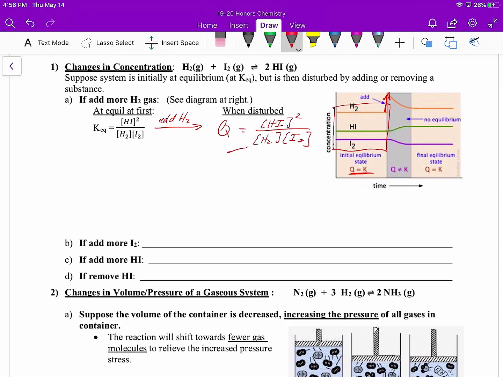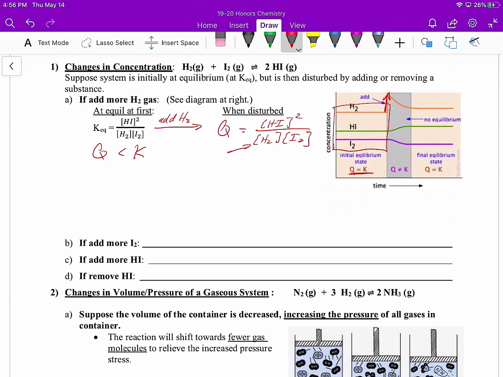But now if you added more of that H2, your denominator got bigger, so we can say that the Q that you just established is less than K. So if Q is less than K, in other words, not equal to K, then that means you're not at equilibrium anymore.